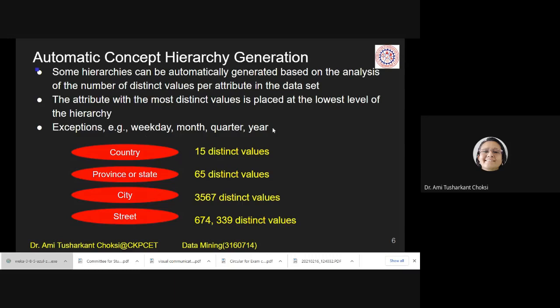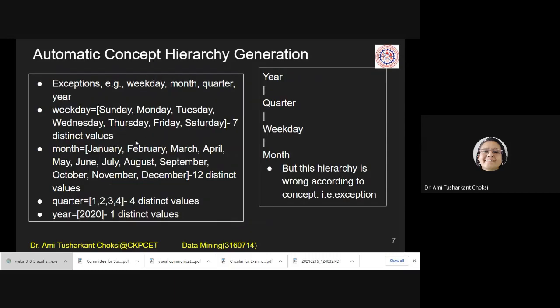No, we cannot, isn't it? So what do we say? These are the exceptions: weekday, month, quarter, year. Typically it should have year at the top, and inside year we have quarters, then month, and then weekday.